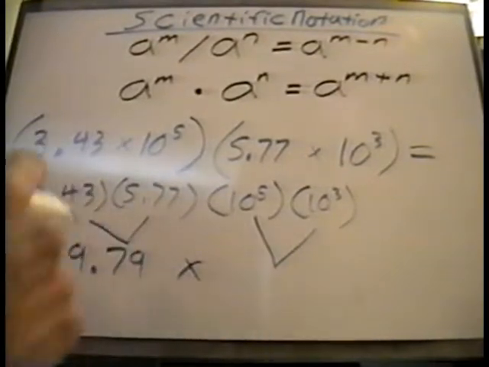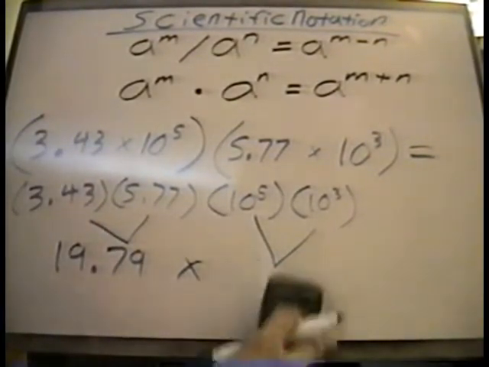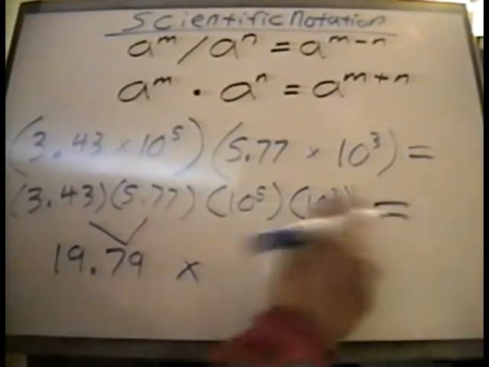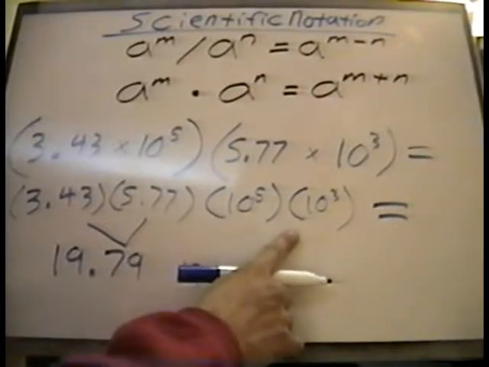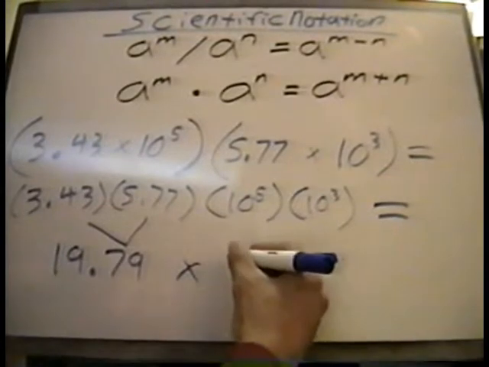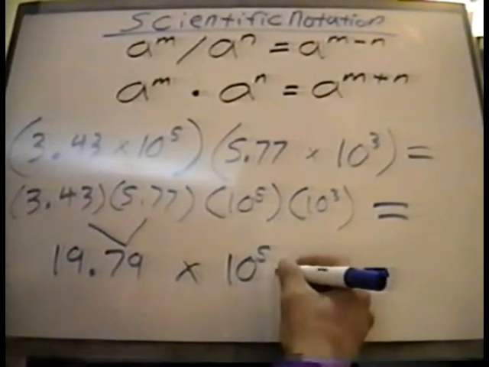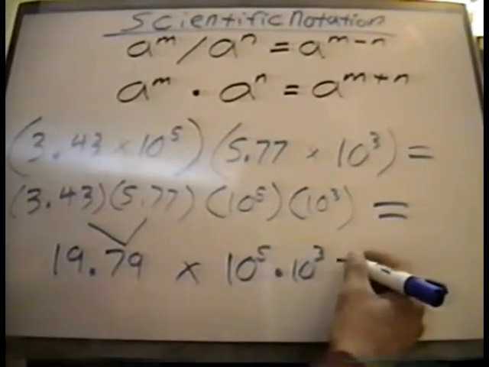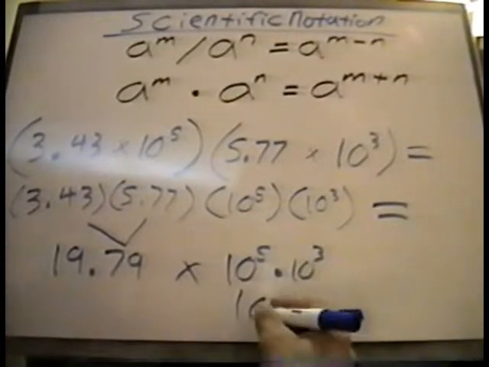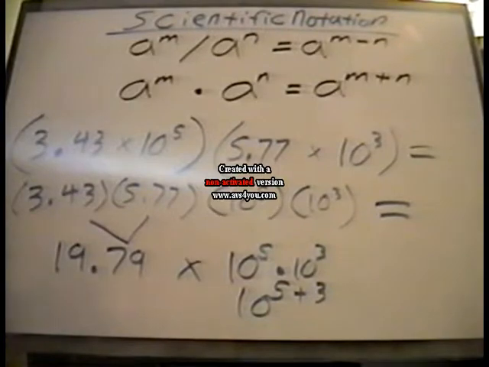Now 10 to the power of 5 multiplied by 10 to the power of 3. Remember, we use our form. That's going to give us 10 to the power of 5 plus 3, or 10 to the power of 8.